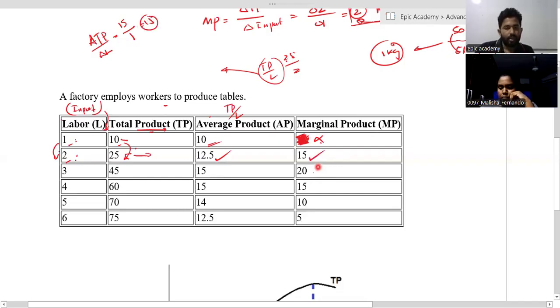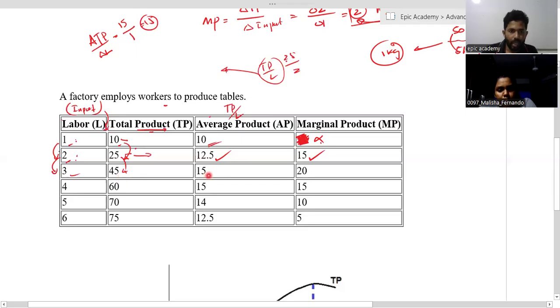Okay. Right. In the third situation, third option, again labor input increased, because this is the short run time period. Labor is 3. What happened to the total production? It increased to 45.